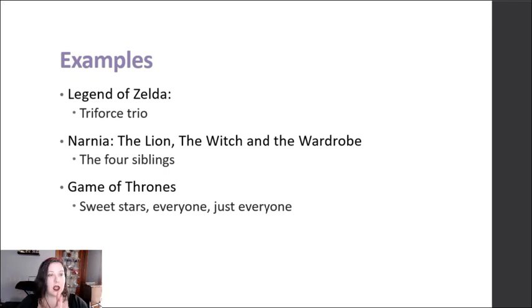Like, it's a sprawling cast, and if you aren't super used to writing very large casts, I would avoid things like this, but it is possible, and you can do it well. George R.R. Martin does an excellent job incorporating all these different characters and not necessarily making it feel like these characters just come out of nowhere when there's someone perfectly good for the role literally right there. Like, it happens once in a while, but it's not constant.